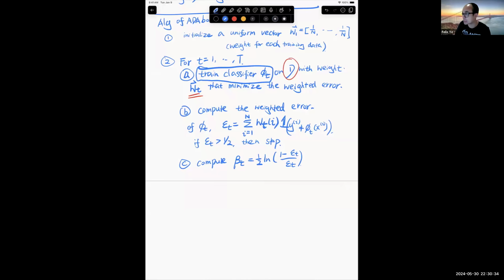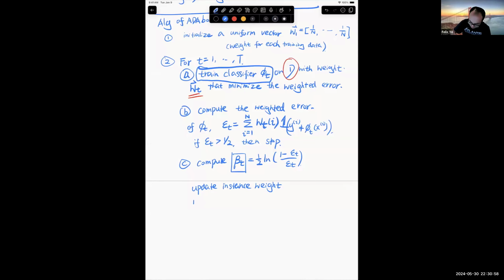Then I'm going to update my weight for each training data. So you're going to update the instance weights.